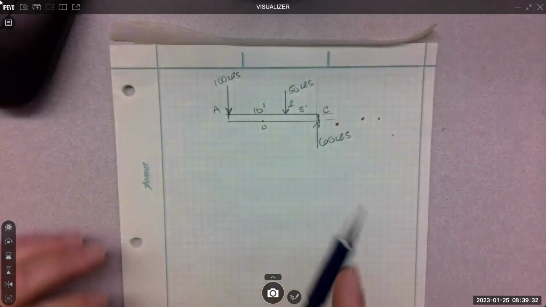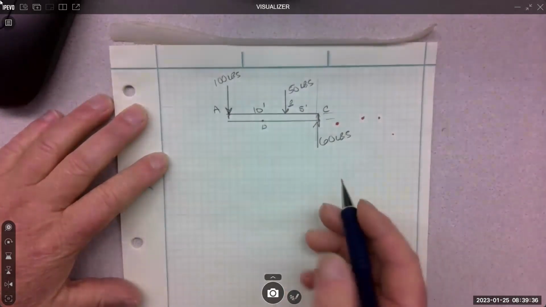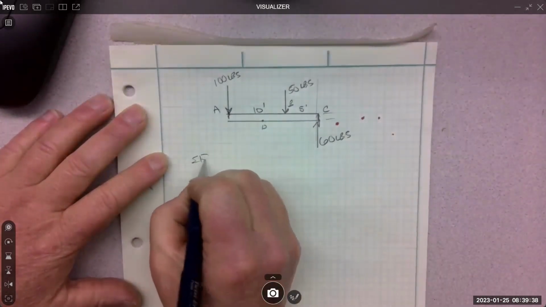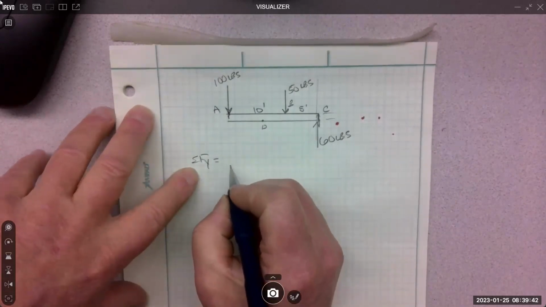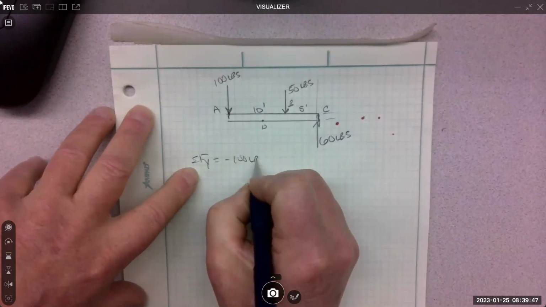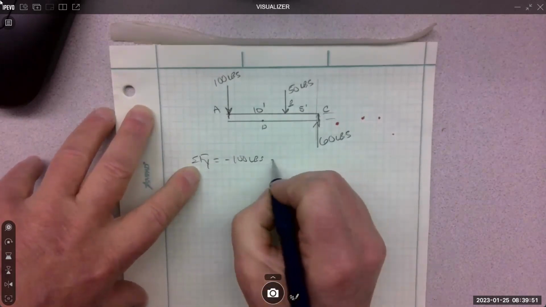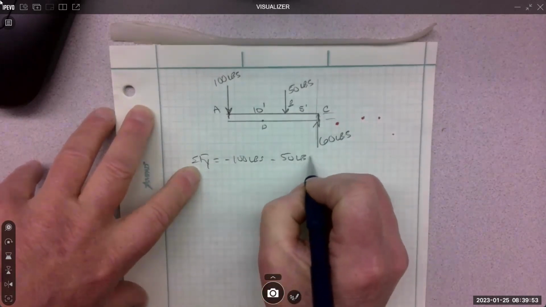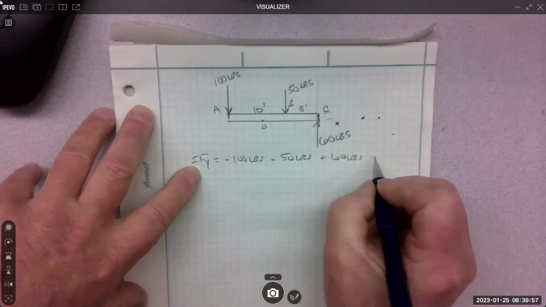Okay. So what about the Y effect? Do we have Y forces? Yeah. So we need to sum those Y forces up. What are they? 100 pounds, which way is it going? Down. What about the 50? And the 60?